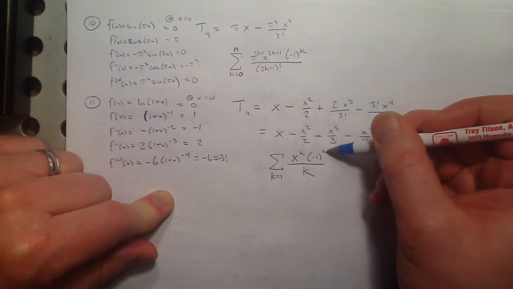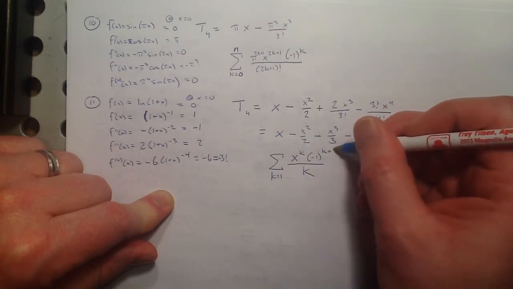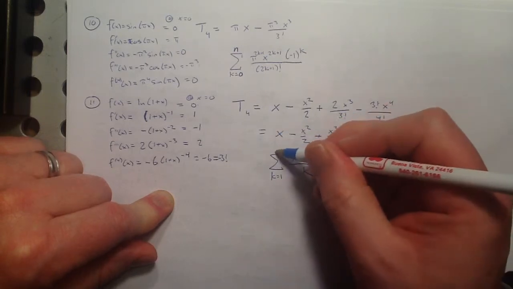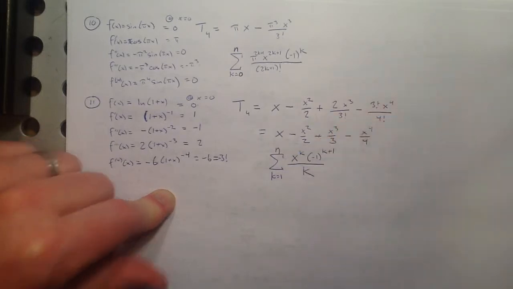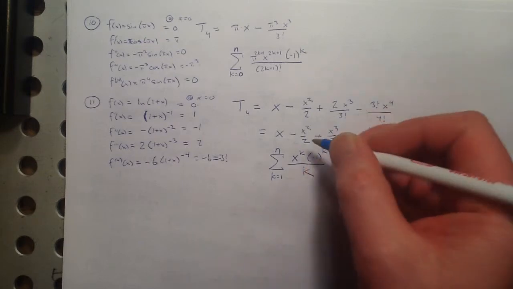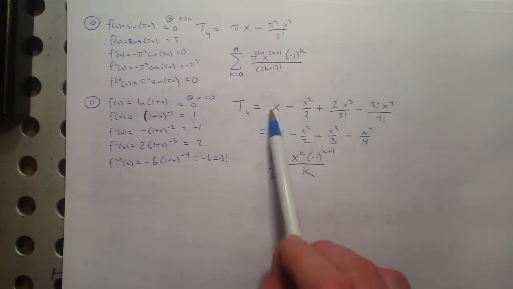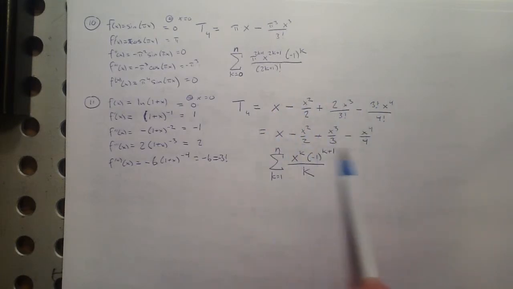If I put a 1 in here, I'd get a negative 1, but I want to start with a positive term, so that needs to be k plus 1. So the nth Taylor polynomial for the natural log of 1 plus x is that. And if you plug 4 in for n, you get this.